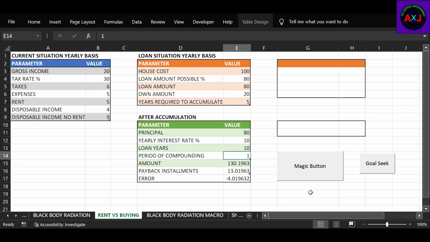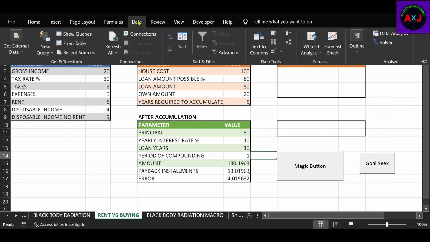In order to avoid that, I have to balance the budget. That is, the payback installment should be equal to the disposable income without rent. To do that, we must increase the loan tenure as all other things are fixed. So we will use GoalSeek for that purpose. We will go to Data, What If Analysis, and then GoalSeek.